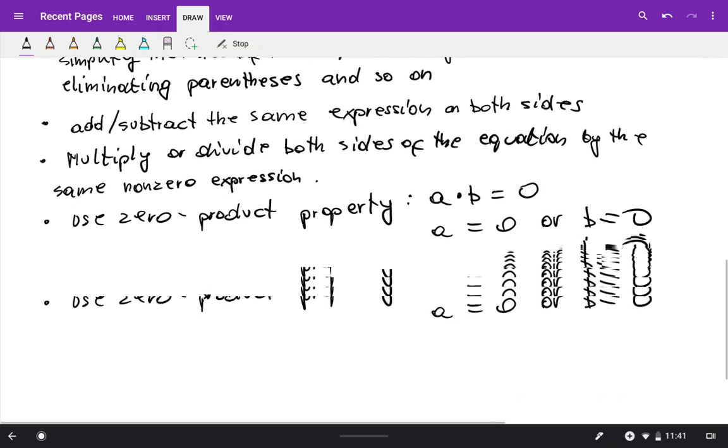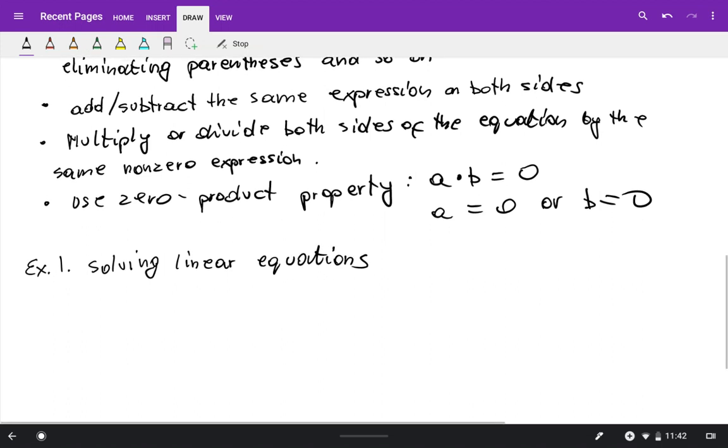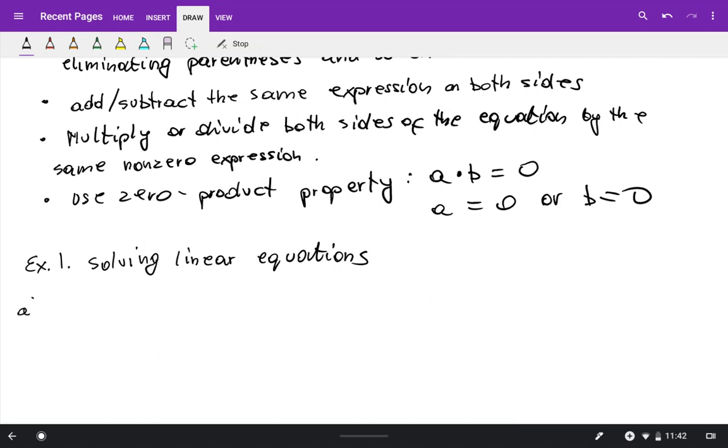Okay, so I'm going to start solving equations. I have a couple of equations which I definitely want to solve. So example 1, solving linear equations. We're going to start slowly with the basic one, which is a one-step equation, 7x equals 21.